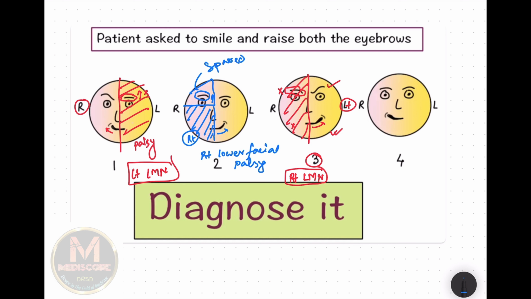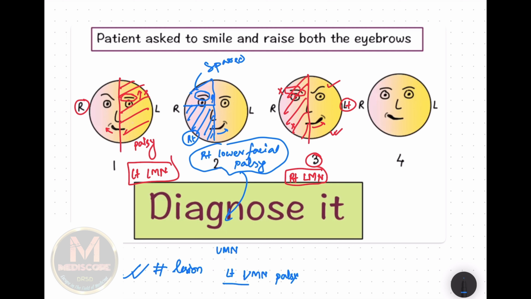So is it upper motor or lower motor? That means it is upper motor neuron. So if they ask you the site of lesion, that's where many of you make mistakes. It should be left upper motor neuron palsy. So it is right lower facial palsy, but the site of lesion will be contralateral. It will be left upper motor neuron palsy.